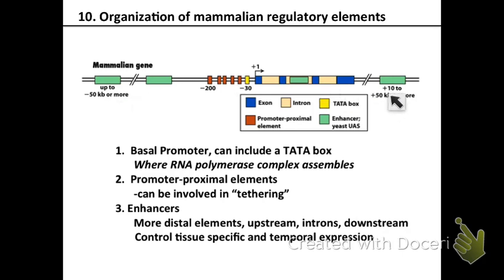It can also be downstream of genes, and it can be found in the introns of genes. Okay? So these enhancers can be everywhere. And what they do is they control the tissue-specific and temporal expression of this gene. And we're going to talk about how we can find these enhancers, how we can visualize them, in a few lectures from now when we learn about reporters.